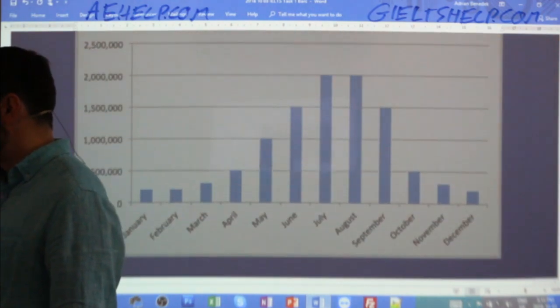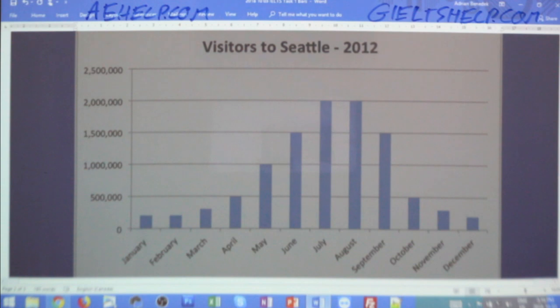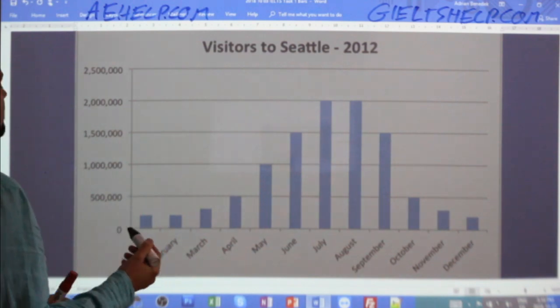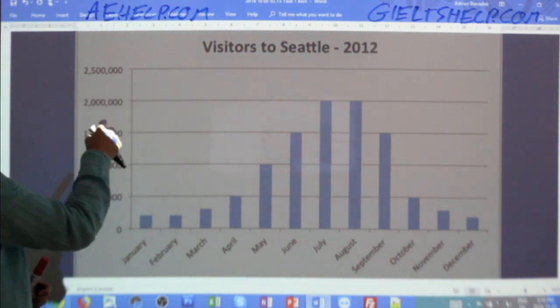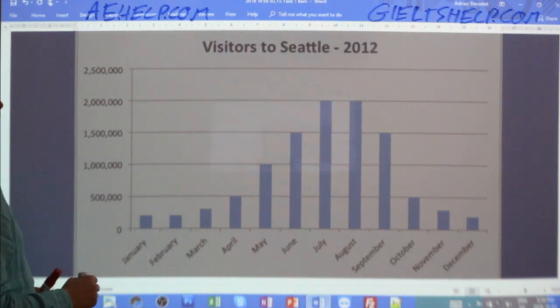Always take a close look at your axes data. And make sure not to just jump over that. Okay, so always be sure to carefully analyze the y and the x. So here we can see that the y-axis goes from 0 to 2.5 million visitors, right?